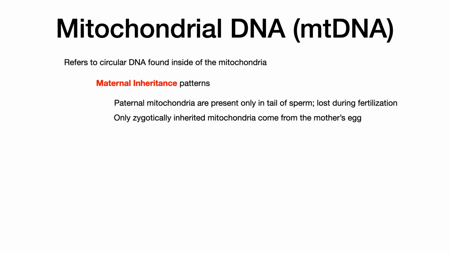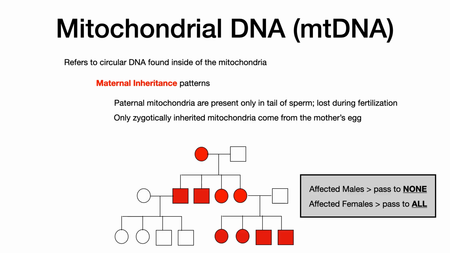So the reason that this is really high yield on exams is that test writers could show you a pedigree that will look something like this, and then they'll ask you, which of the following diseases does the patient have? And what they'll be asking you is essentially, can you recognize that this is maternal inheritance? And therefore, can you take that one step further and pick the answer that's a mitochondrial DNA-related disease?